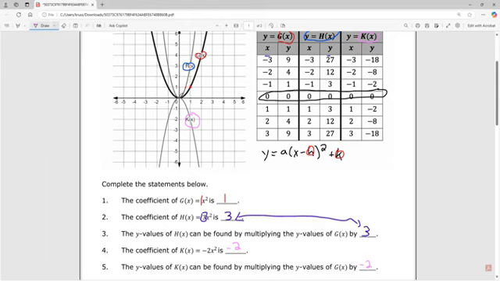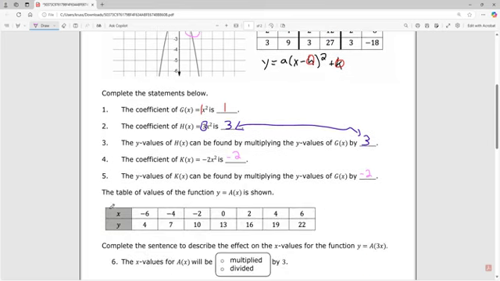It's going to change. It's going to go up faster than h sub x. Okay, I'll go down at a faster rate. Okay, so then here we go. We have the table of these shown, and it looks like x is going down by 2 each time, and the change in this one goes from 4 to 7 to 10 to 13, so it's going up by 3 each time.